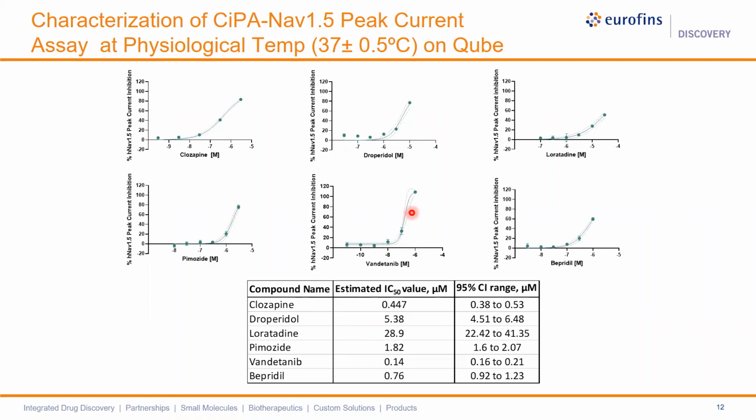Except vandetanib, most of the other compounds like clozapine, droperidol, ranitidine, are all more or less the same, and maybe a little bit more sensitive at the physiological temperature than at room temperature. But vandetanib, at 1 micromolar, the top concentration, blocked almost 100%, and the IC50 value was close to 0.14 micromolar, and we couldn't believe our eyes.